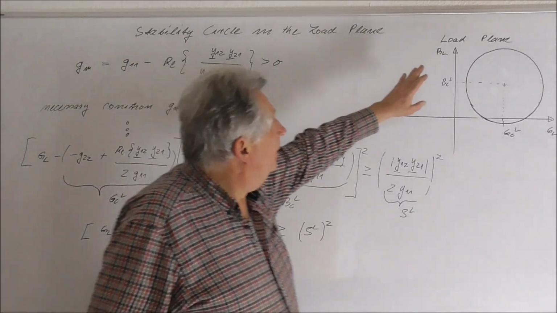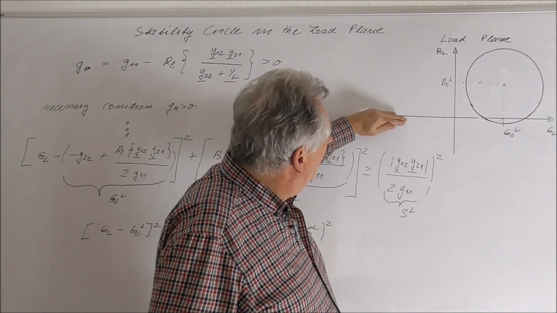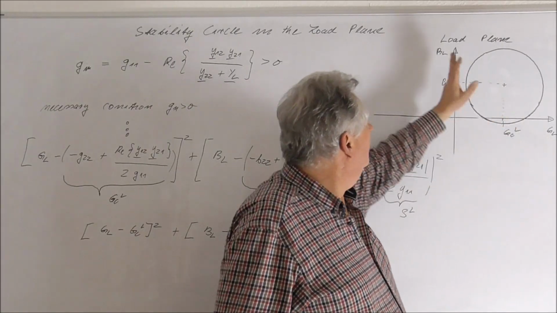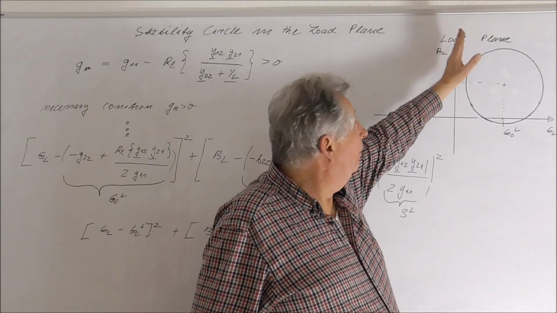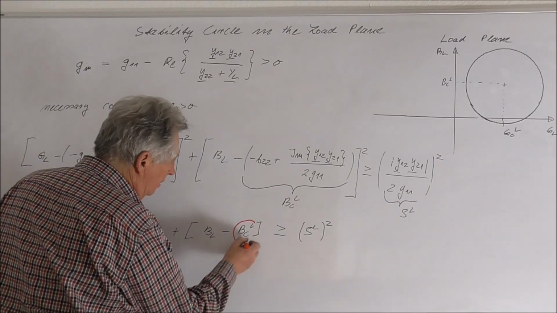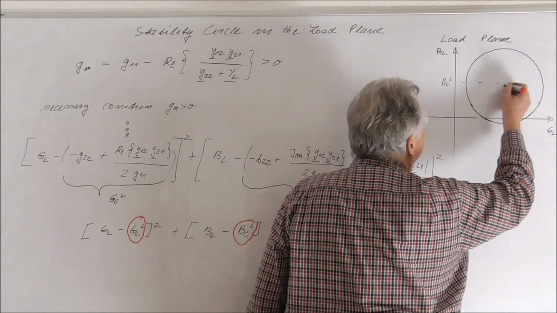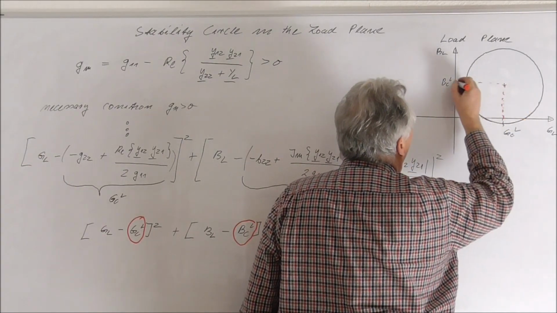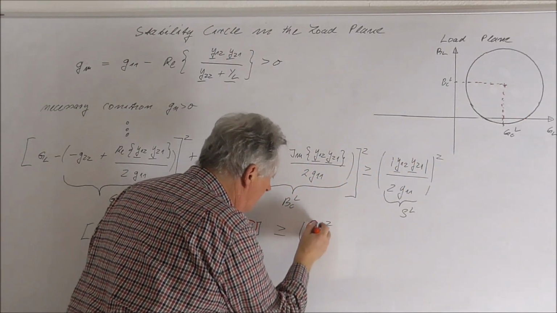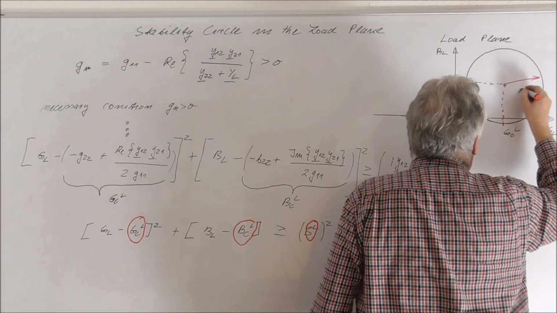So what I did here, I sketched the load plane. The load plane is defined as follows: here we have the conductance of the load, and here we have the susceptance of the load. And these two values now define the center of our circle. And this value here defines the radius of the circle, OL.